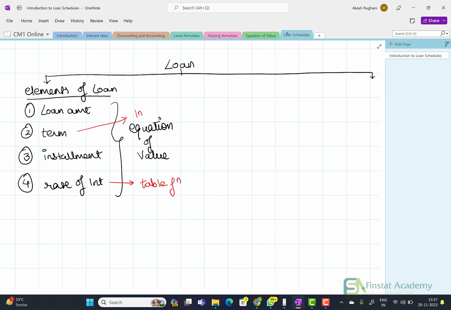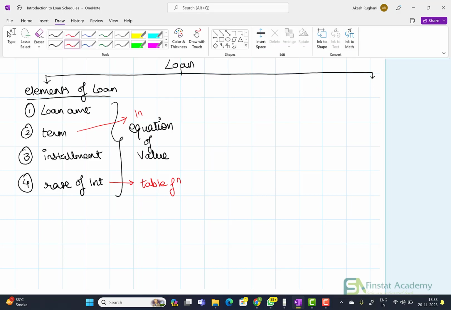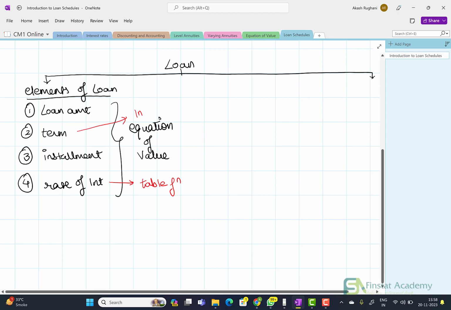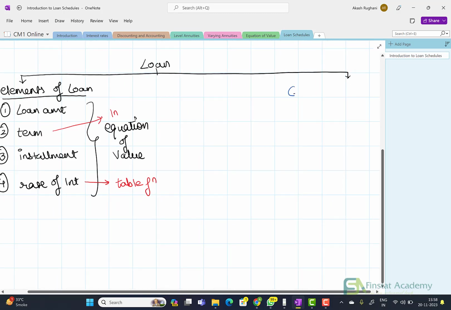Now apart from that, we would be required to find certain values during the period of a loan.